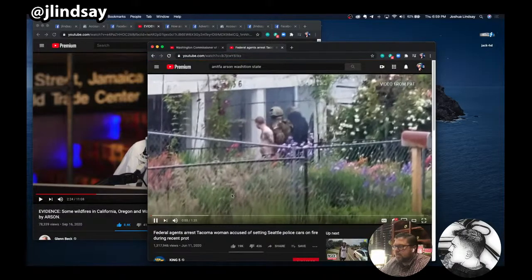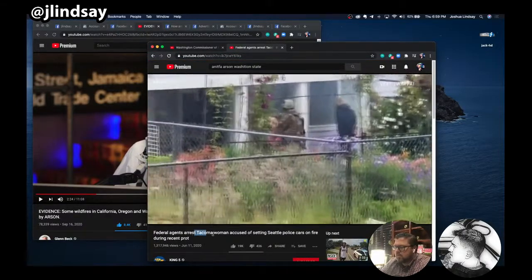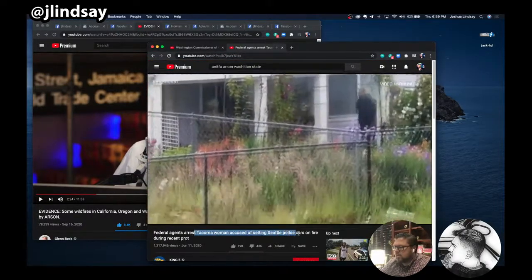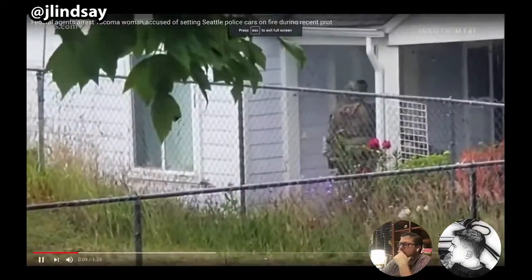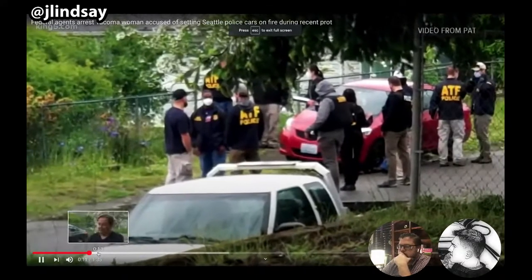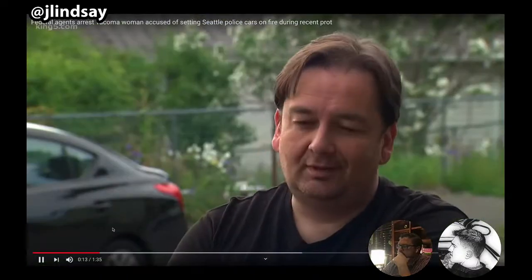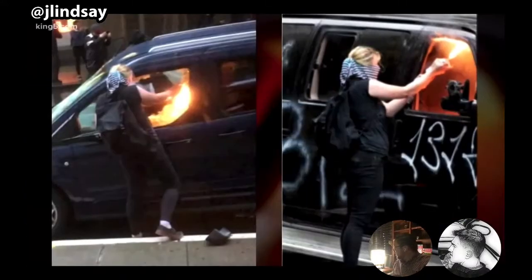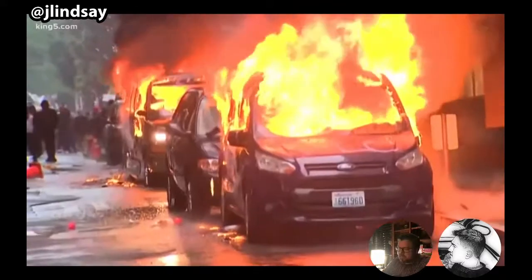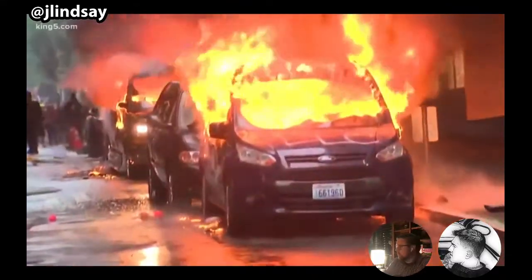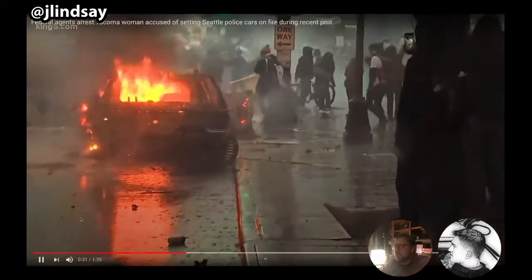Here was another one. The FBI's Joint Terrorism Task Force moved in on this Tacoma home before noon today. Neighbors heard glass shattering and flashbang grenades as agents swarmed the rented home on South G Street. It's just scary to have that a couple houses down from you and having no idea what's going on. These evidence photos from May 30th show who the task force was after. This woman is accused of setting fire to 5 police vehicles parked in the Pine Street area when vandals and looters tore through downtown.